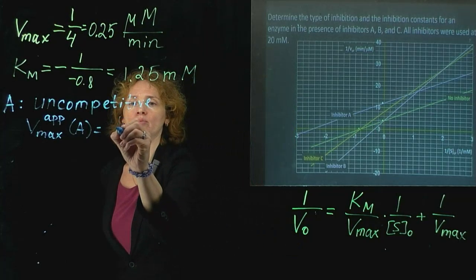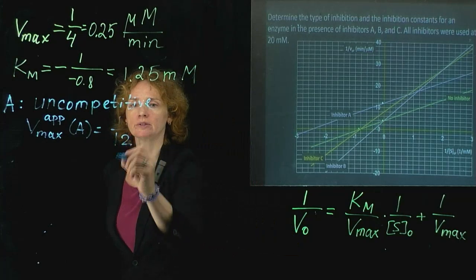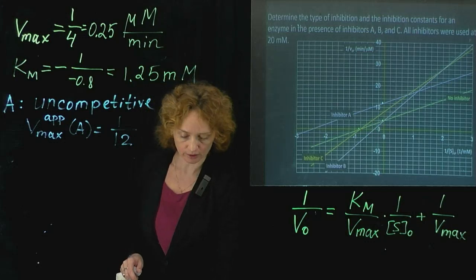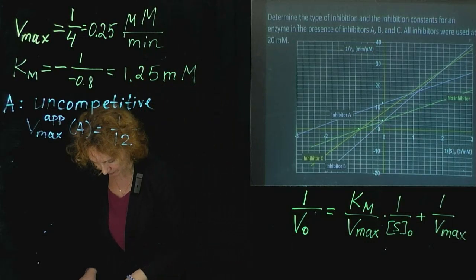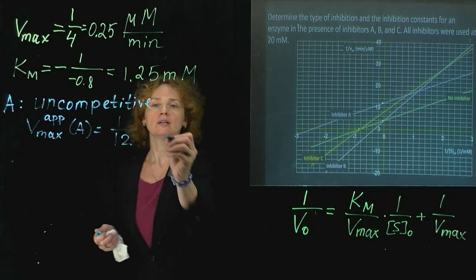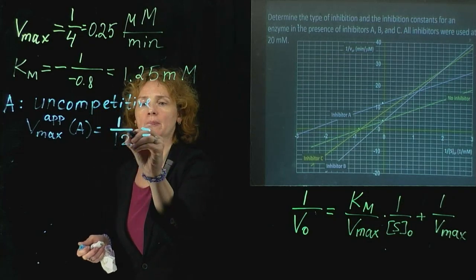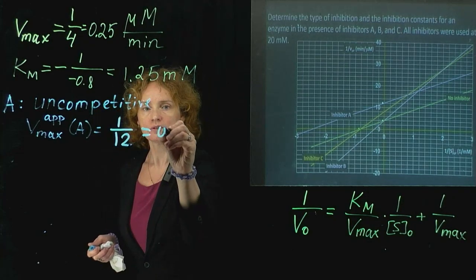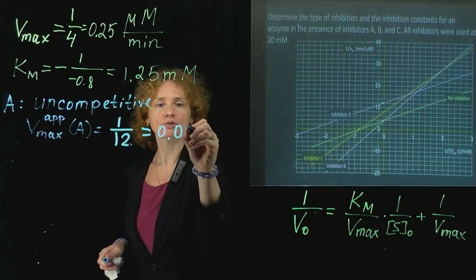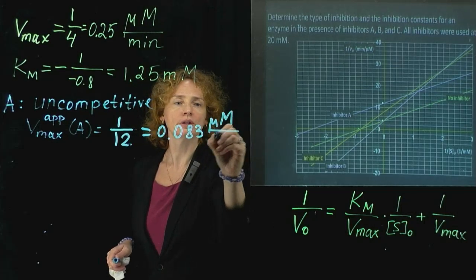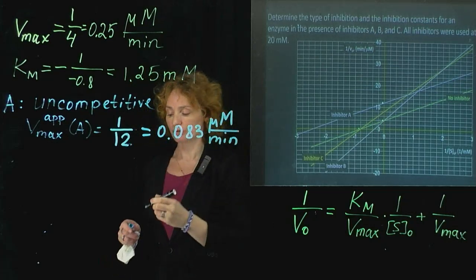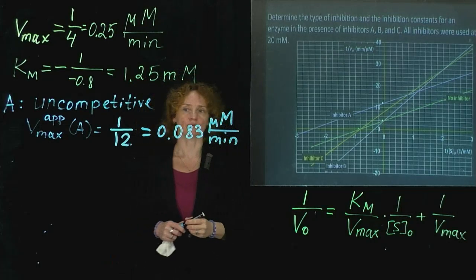So we need 1/12, and this will give us the maximum velocity in the presence of inhibitor. And 1/12 is 0.083 micromolar per minute. So we see how the rate dropped by the presence of inhibitor.